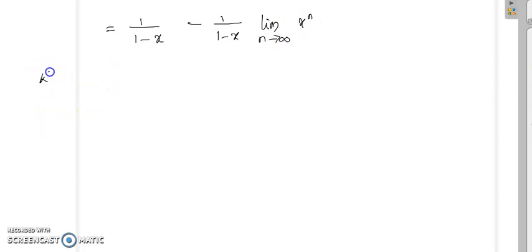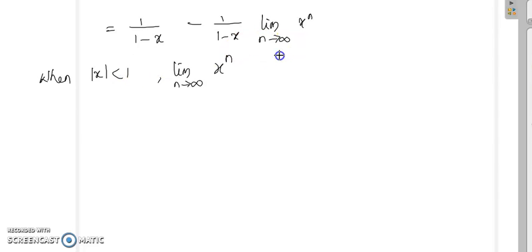Now when you have mod x less than 1, limit n tends to infinity x raised to n.